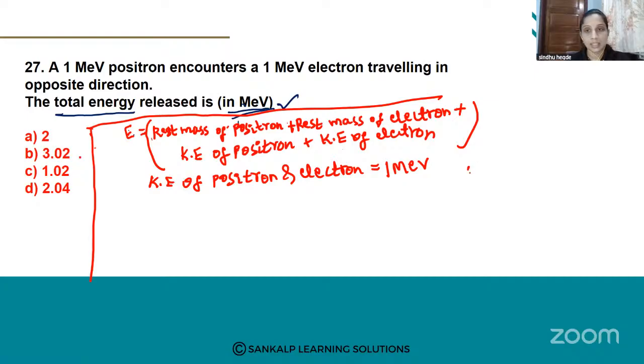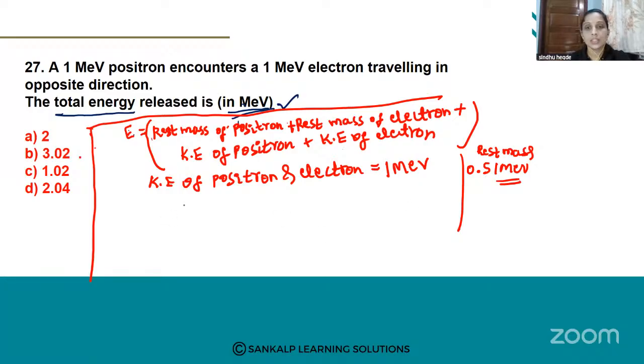It is nothing but 0.51 mega electron volt. 0.51 mega electron volt is the rest mass for both positron and electron.